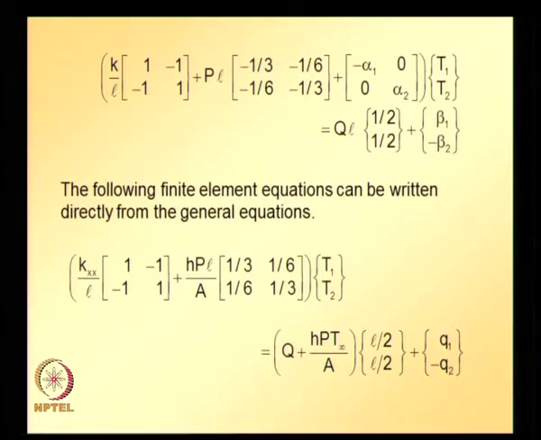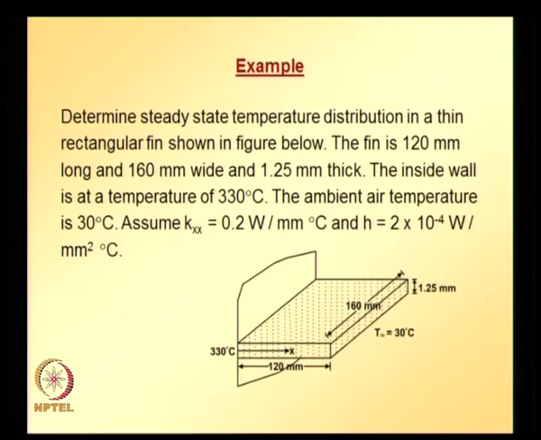Now let us take an example. Determine the steady state temperature distribution in a thin rectangular fin shown in the figure below, which is shown there. The fin is 120 mm long and 160 mm wide and 1.25 mm thick.